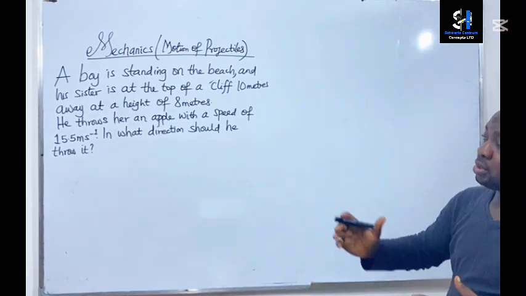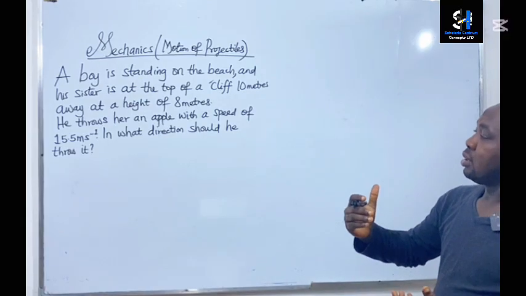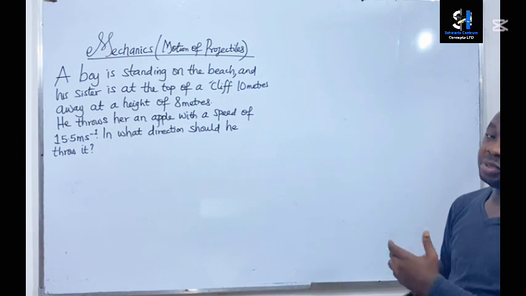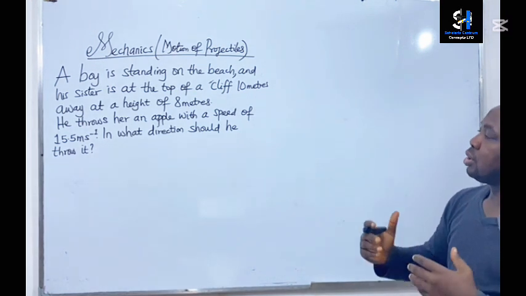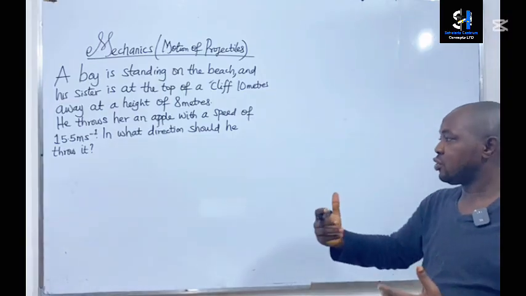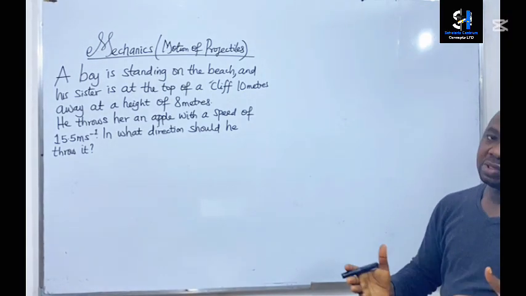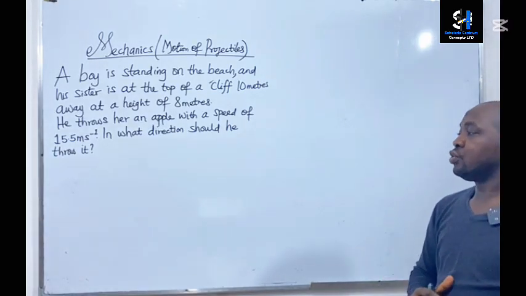I'll take that to be the horizontal distance, and then at a height of 8 meters. I'll take that to be the vertical distance or vertical height. The boy throws her an apple with a speed of 15.5 meters per second. Of course, that will be the initial velocity or speed. In what direction should he throw it?